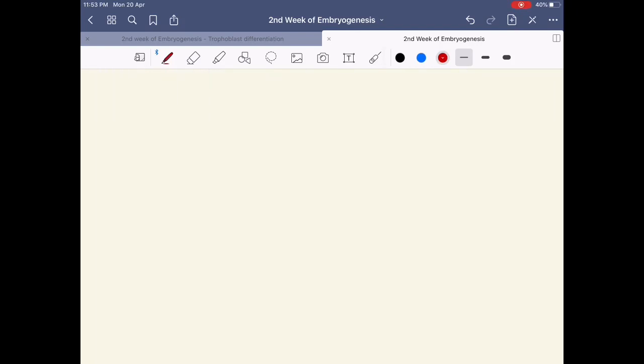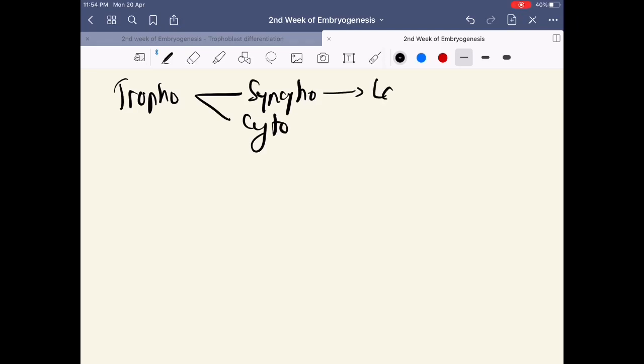So till now, recapping what we have learnt, you have your trophoblast, which has differentiated into syncytiotrophoblast and cytotrophoblast. The syncytiotrophoblast develops lacunae which are going to unite and then separate your syncytium into trabeculae or pillars.